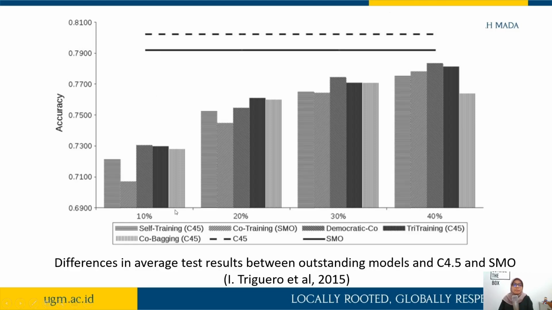While at the same time, using different types of semi-supervised learning, in this case self-training, co-training, democratic co-training and co-bagging, the results are actually pretty close. It's not that different. I mean, just using 10% of the labeled data, one of the semi-supervised methods can obtain around 73% accuracy.